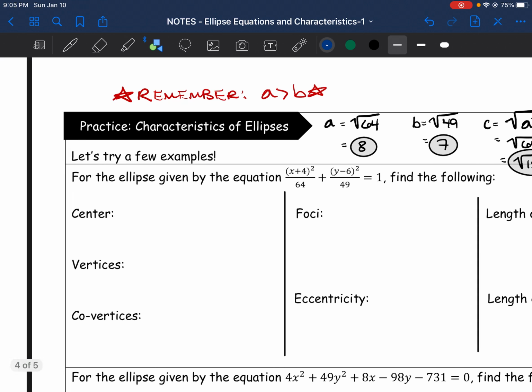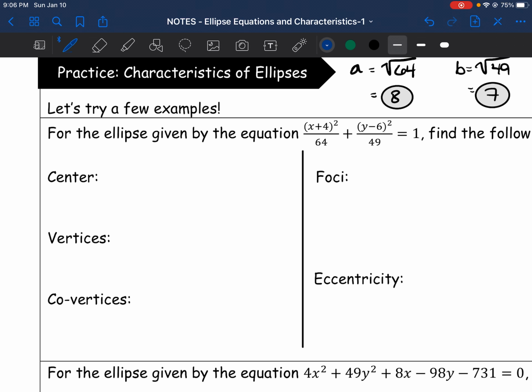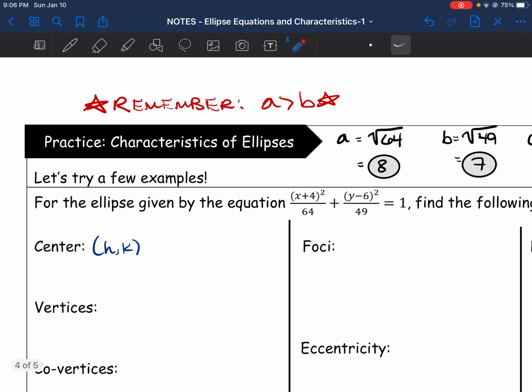All right, so let's first start by trying to find the center. So the center of an ellipse is h comma k. Let me write this out actually: x minus h squared over a squared plus y minus k squared over b squared equals 1.